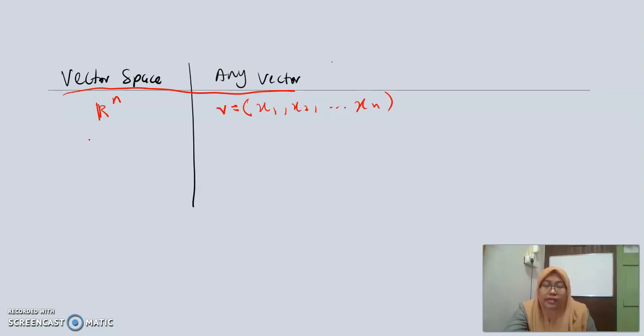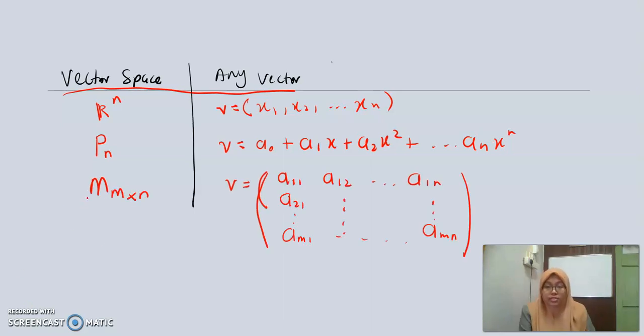But if my vector space is polynomial of degree n, my vector V should be in the form of a0 plus a1x plus a2x squared plus up until an x to the power of n. And if my vector space is matrix of m by n size, my vector should be in matrix form: a11, a12 up until a1n, and the last element should be amn.